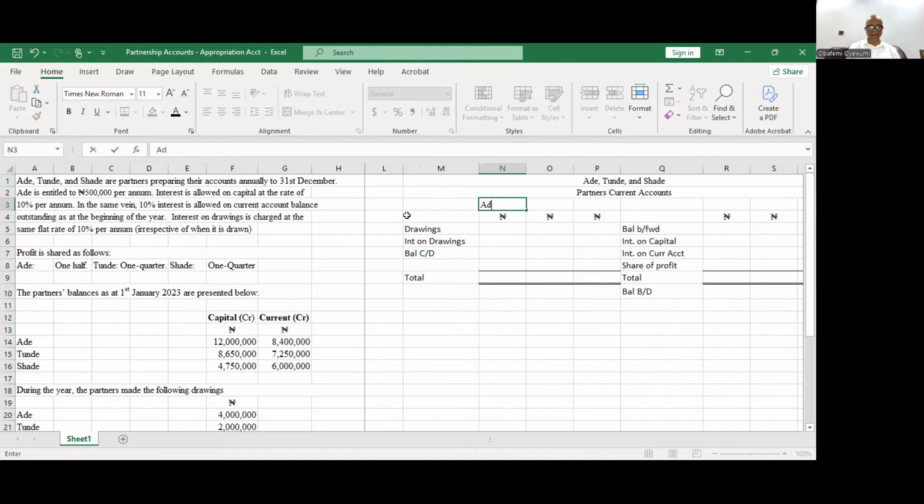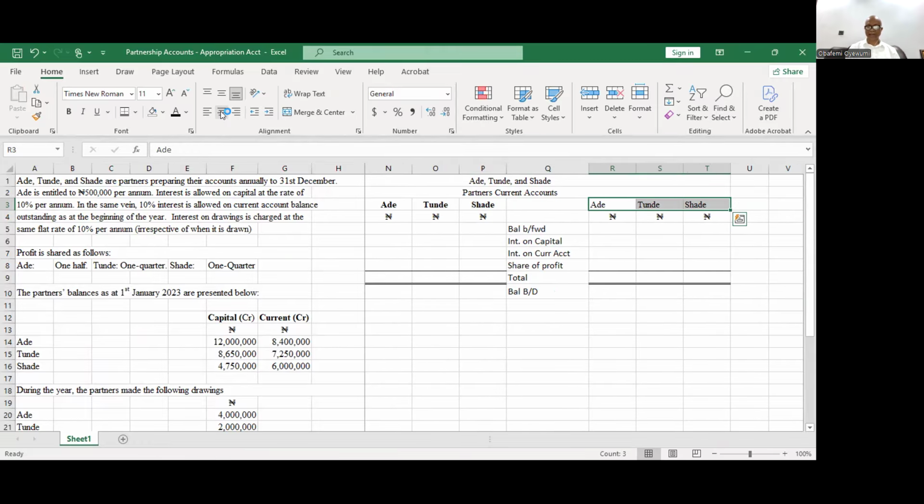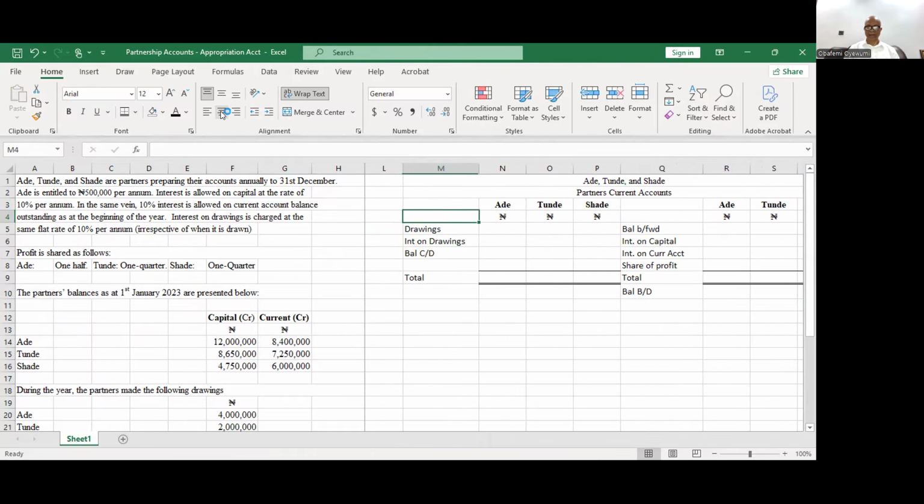So we have Ade, and then we have Tunde, and then we also have Shade, and again, we're going to repeat them on the other side. Let me highlight them. So these are the partners.